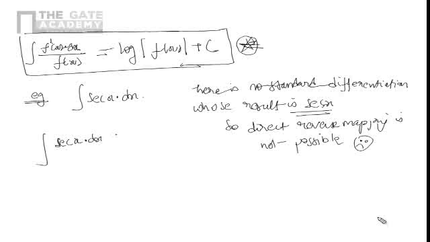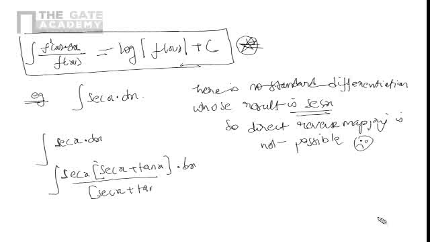Integral of sec x dx. Let me multiply and divide by secant x plus tan x. Why am I doing this? There is a reason for that. What is the derivative of secant x plus tan x?